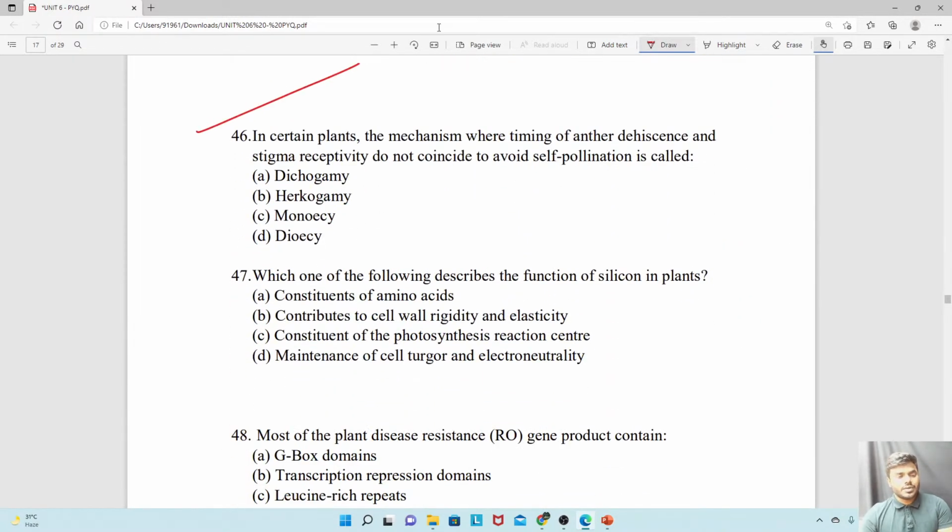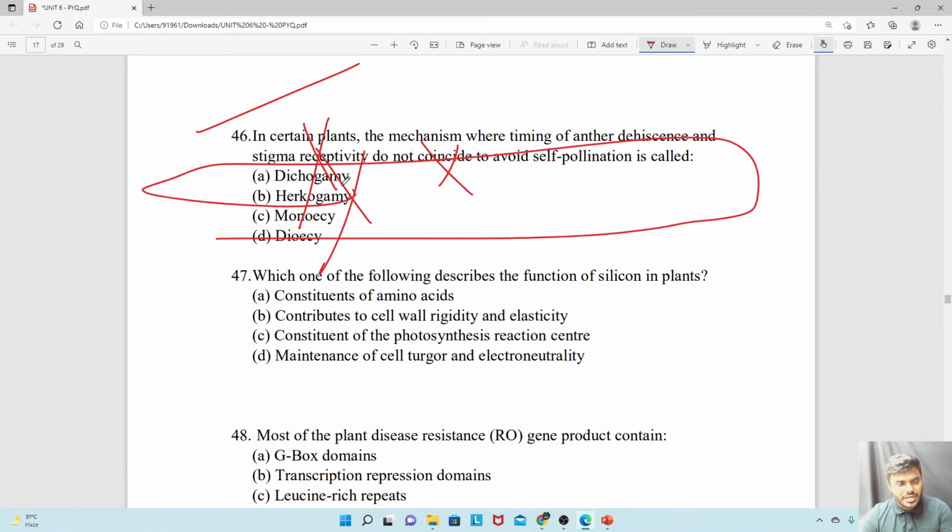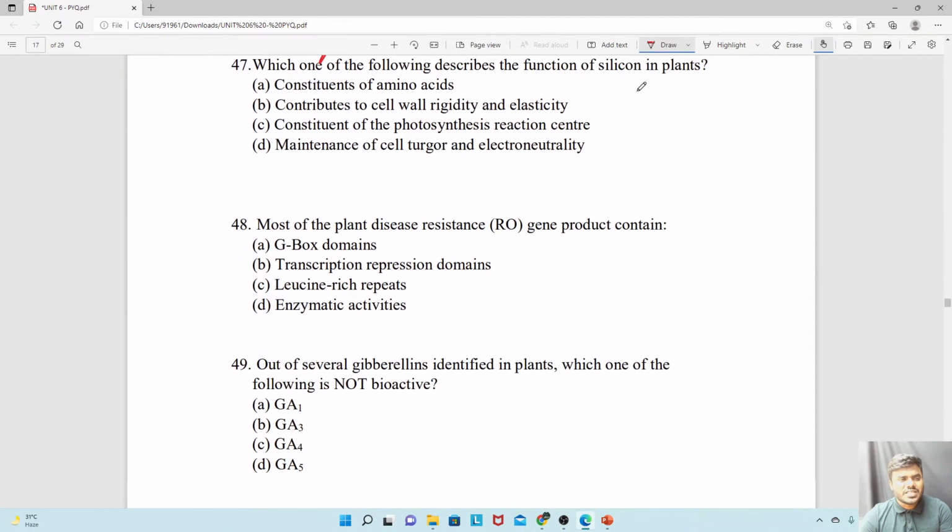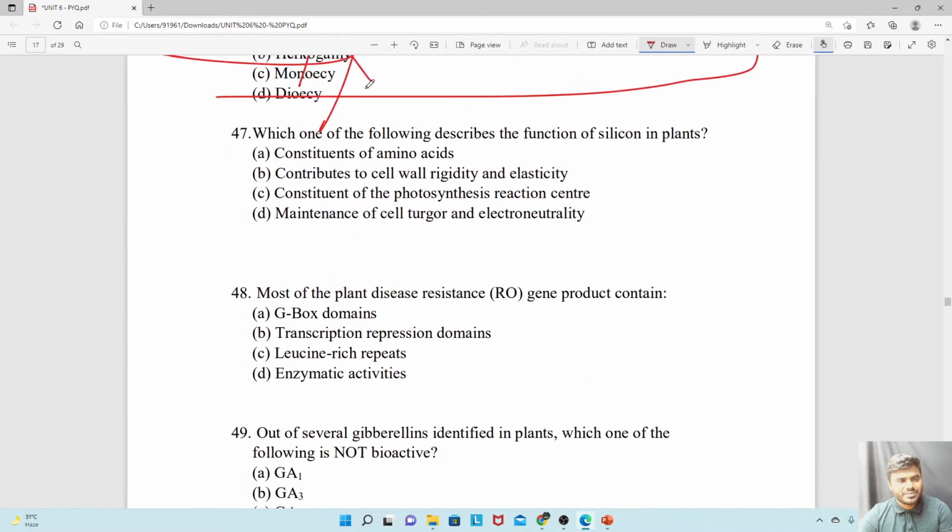Next. Okay, this question is actually not a plant physiology question. I kept it here. Leave that question 46. Go for 47. 47.